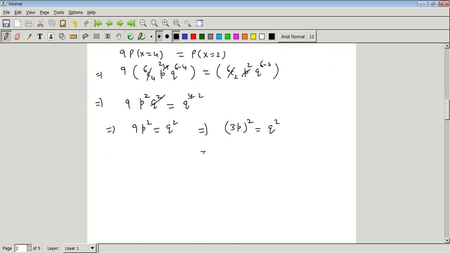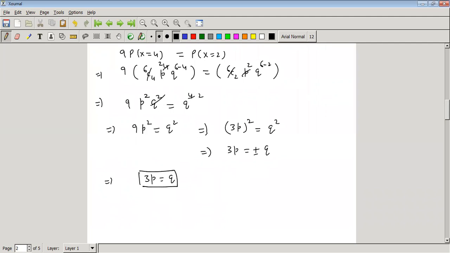So this implies that 3P is equal to plus minus Q, but Q cannot be negative. So this implies 3P is equal to Q. Let this 3P be equal to Q.